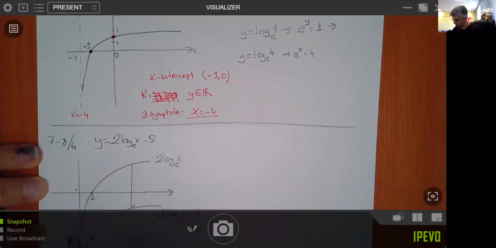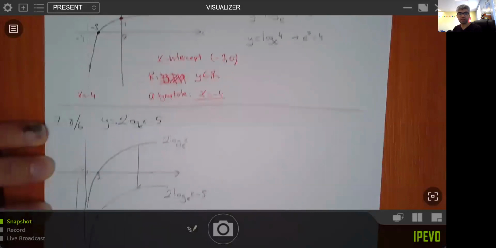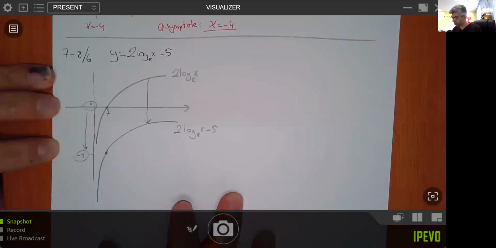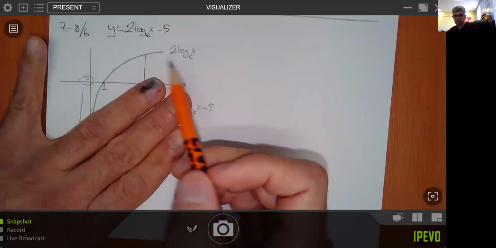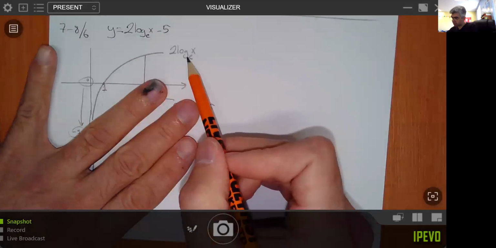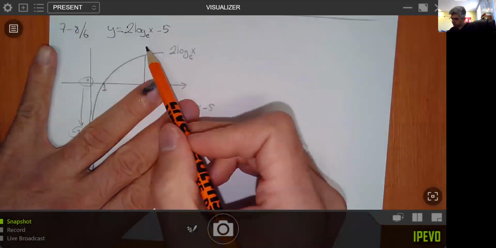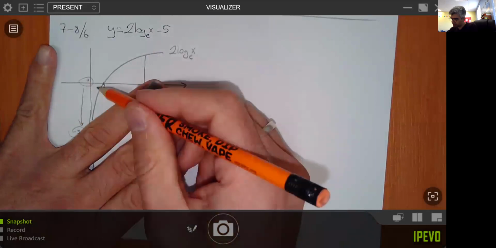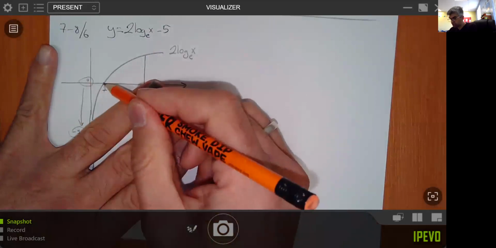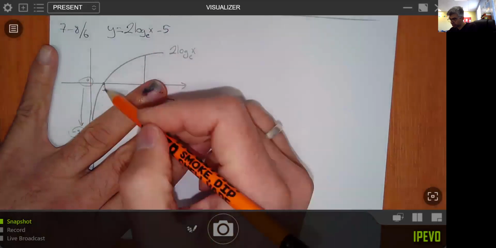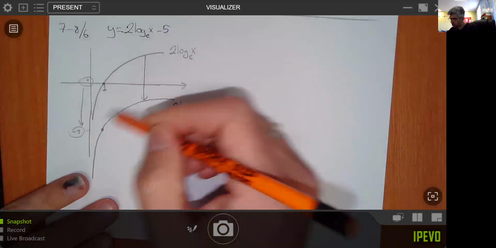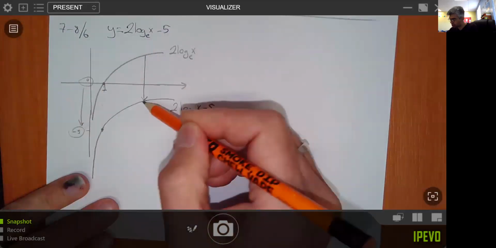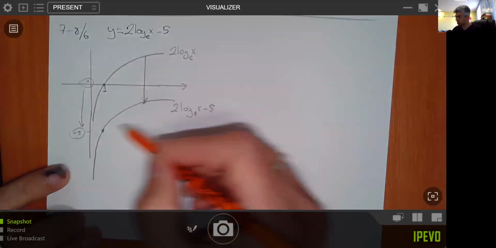It was 0, now it is -5. Okay, so it was this one, 2 log x base e, then -5 means all the points will be 5 units down. So for this point, x doesn't change, y we take down, and 0 becomes -5, so this point came here, and all other points, we have this graph.